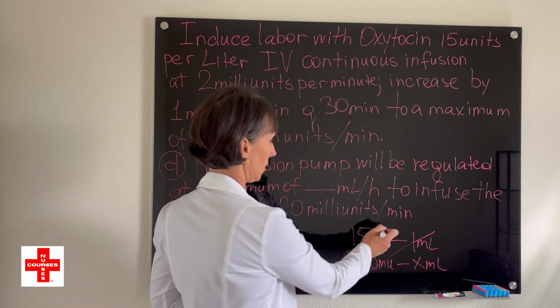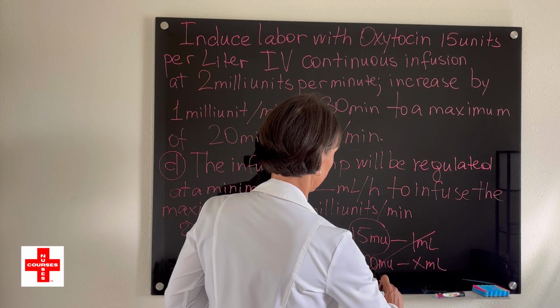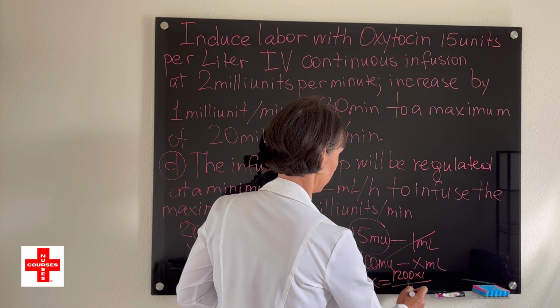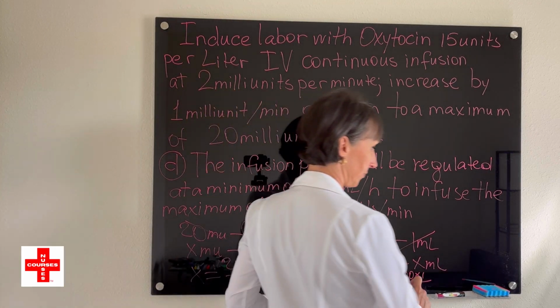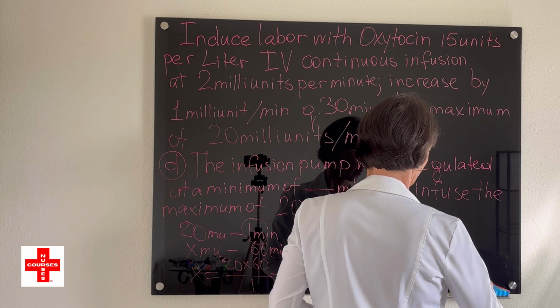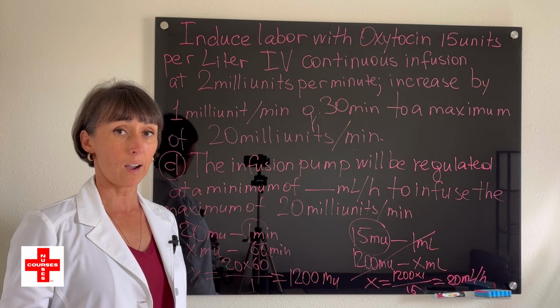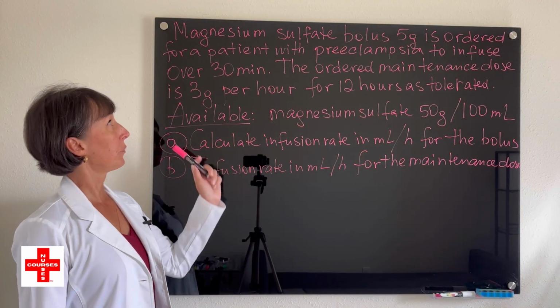Multiply on diagonal, divide by the third number. So 1200 times 1 divided by 15. And I got 80 milliliters per hour. We answered question D. Here's our next problem.